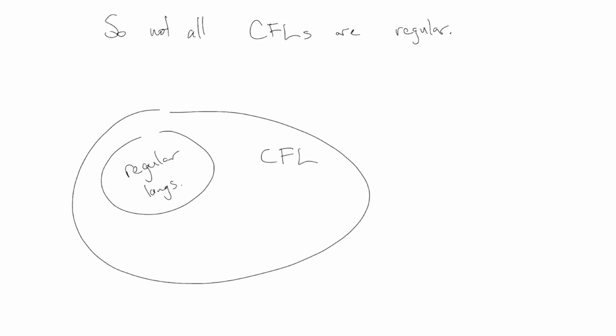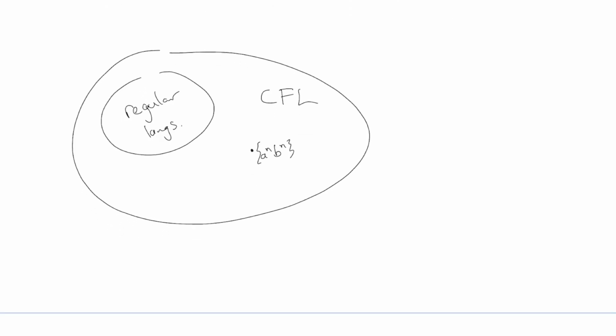All right, and an example of a context-free language which is not regular, I'll represent with a little dot over here: a to the n, b to the n. This is one example of something which is in the larger set of languages, but not in the smaller. So a to the n, b to the n is part of this larger universe of languages, but it's not regular.